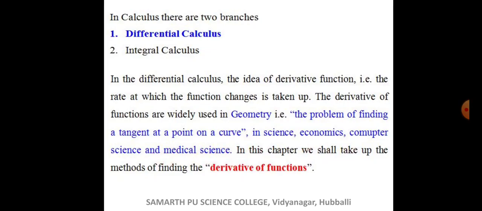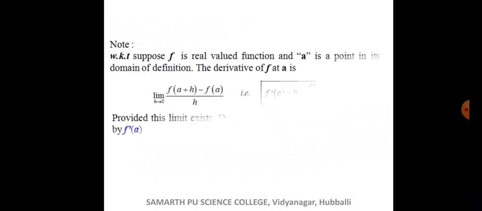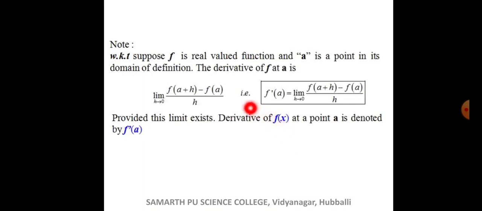Before switching to derivative of functions, we recall one definition, that is the limit function definition. We know that suppose f is a real valued function and a is any point in its domain of definition. The derivative of f at a point a is defined as limit of f of a plus h minus f of a divided by h as h tends to 0, provided this limit exists.